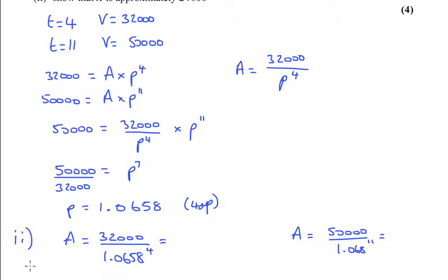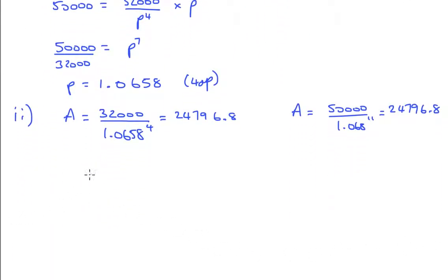So if we work out both of those numbers, the first one gives us 24,796.8, and the second one gives us 24,796.8. Both of those numbers round to 24,800.